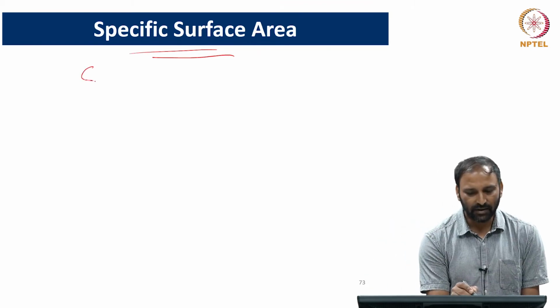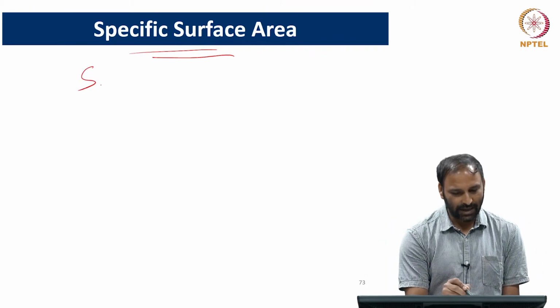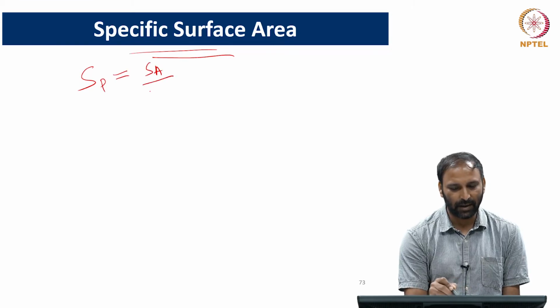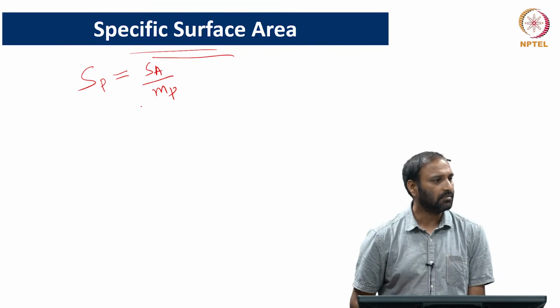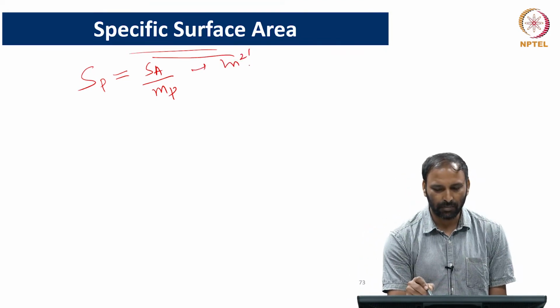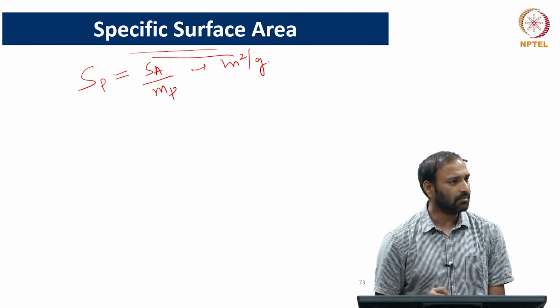We define the specific surface area as the surface area of the particle divided by the mass of the particle. That is what we have defined, and I had said this has units of meter square per gram.